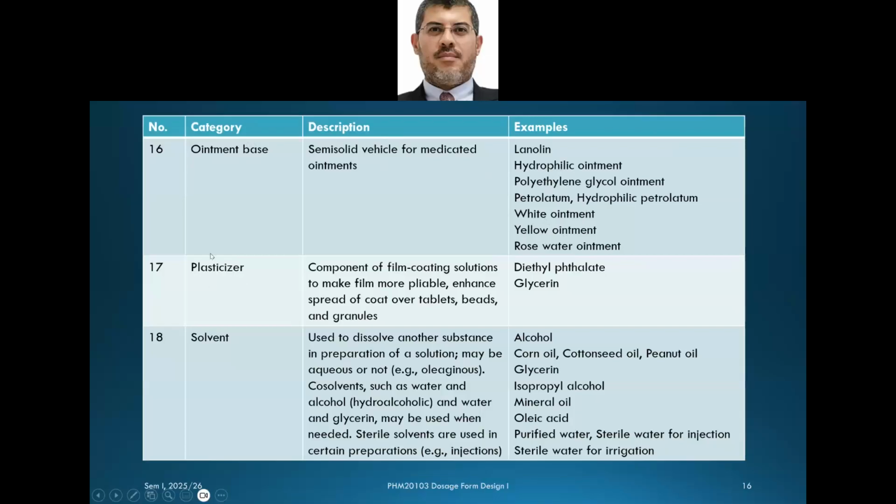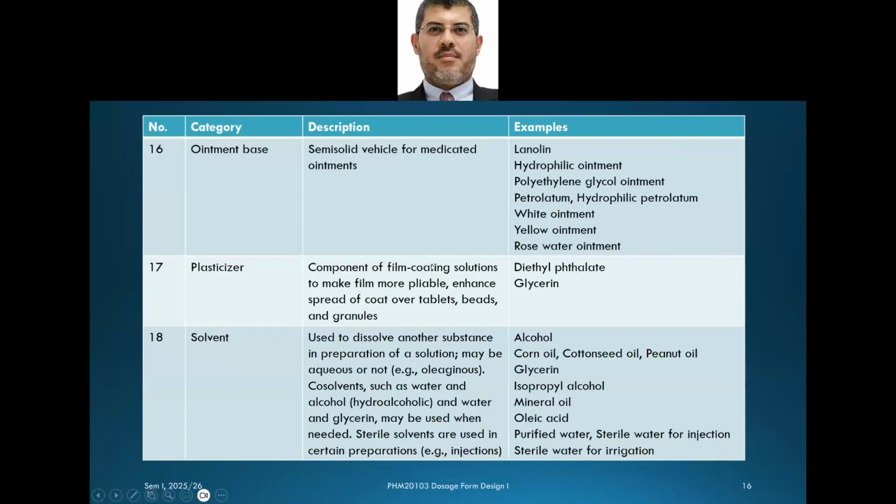Some excipients are used as plasticizers. If I want to coat my tablets with some coating material, this material may be brittle, may be easily broken if used alone to make the coat.